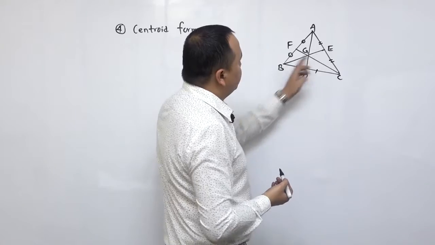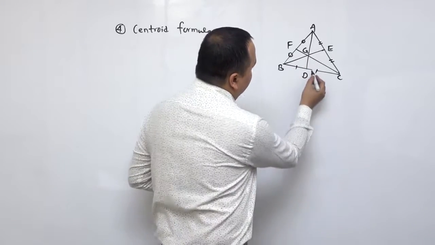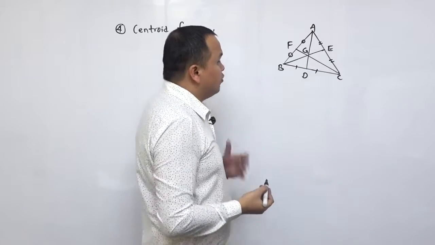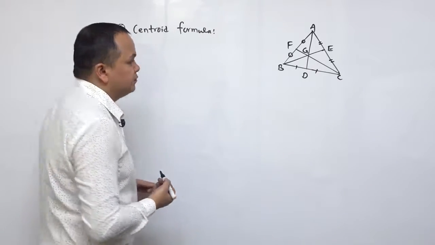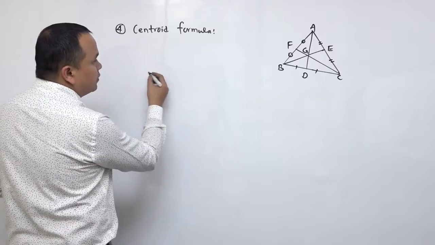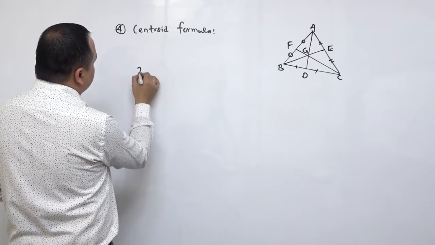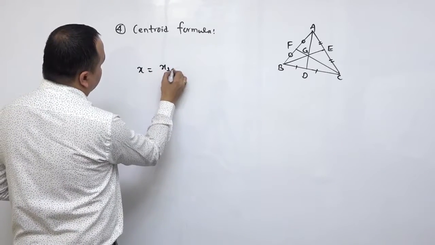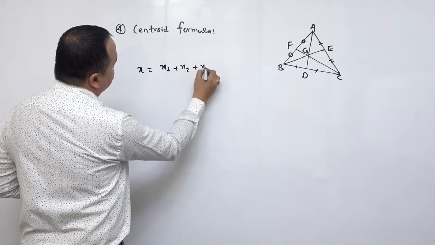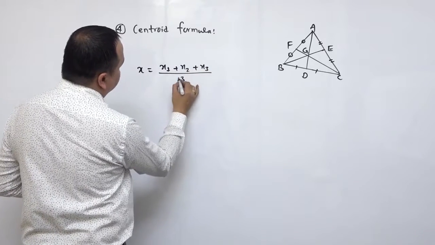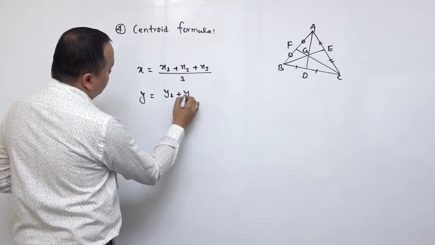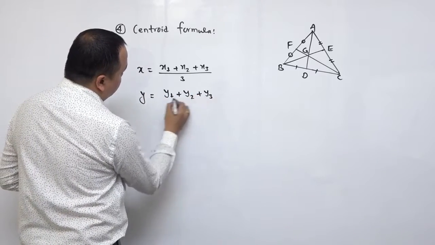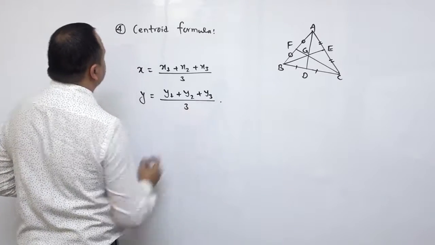The medians AD, BE and CF, and their point of intersection is G, which is called the centroid. Centroid formula: x is equal to (x1 plus x2 plus x3) divided by 3. Similarly, y is equal to (y1 plus y2 plus y3) divided by 3.